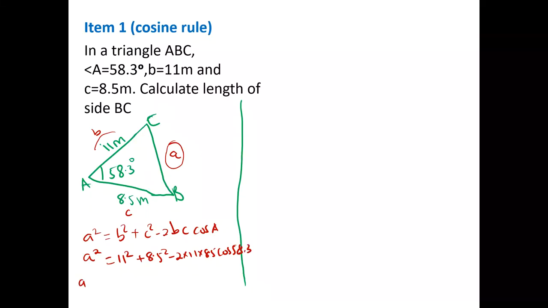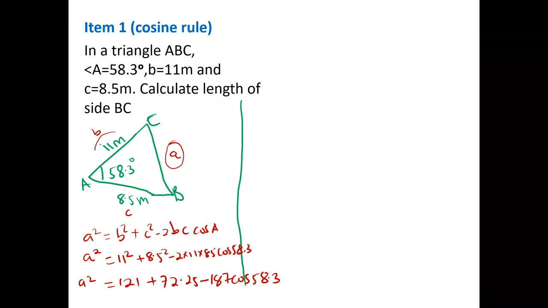Here we shall have A squared is equal to 121 plus 8.5 squared, which is 72.25, minus 187 cos 58.3.